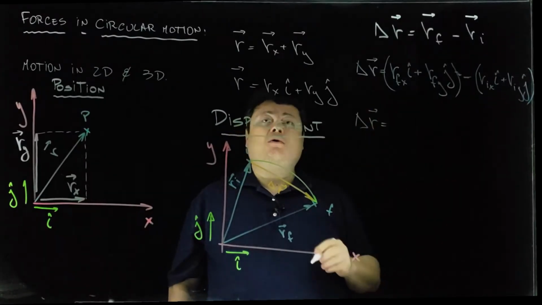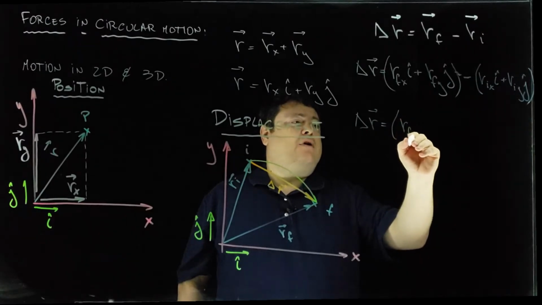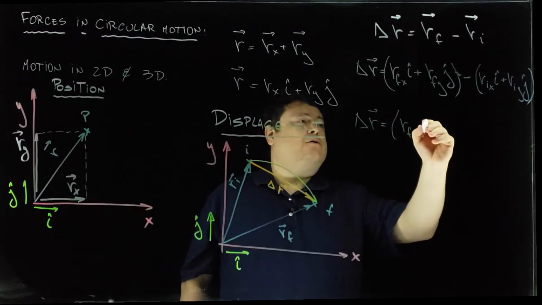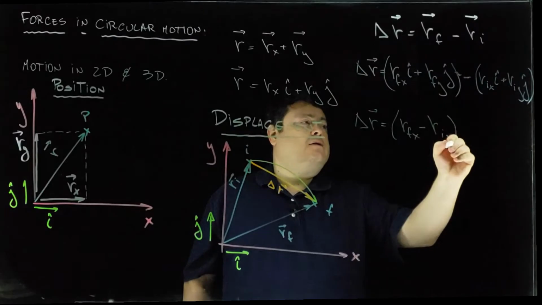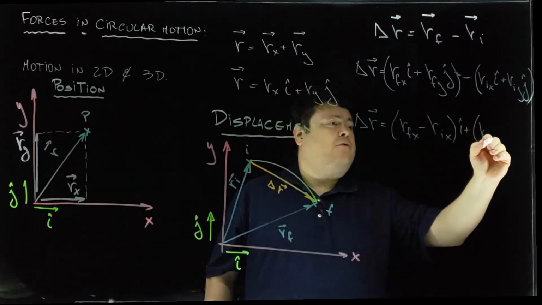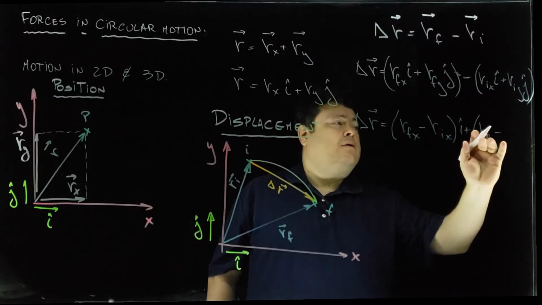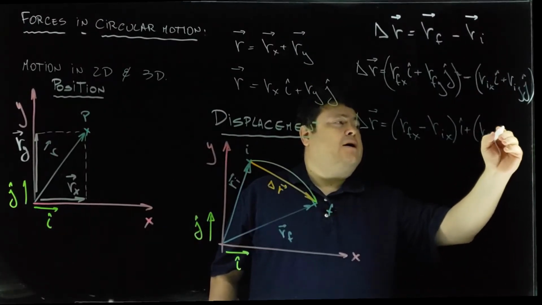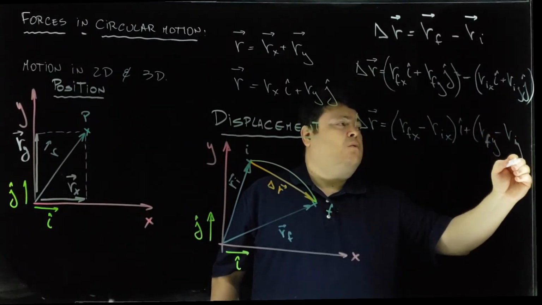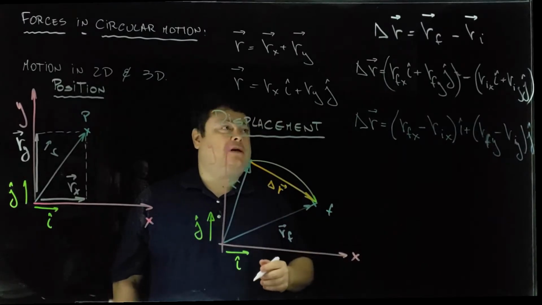Delta R equals Rfx minus R initial x i hat plus Rfy, sorry, yes, Rfy minus R initial y j hat, and I hope that can be seen in the end.